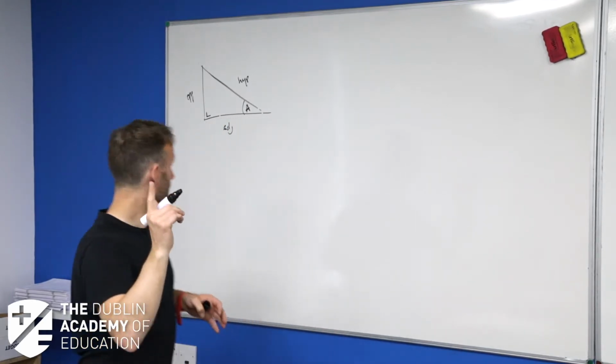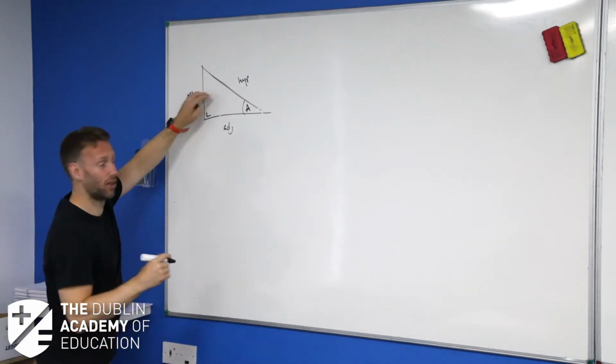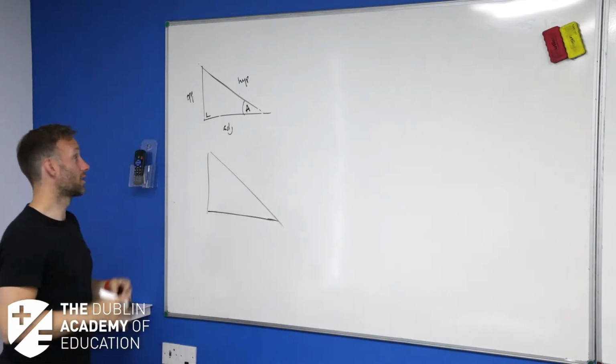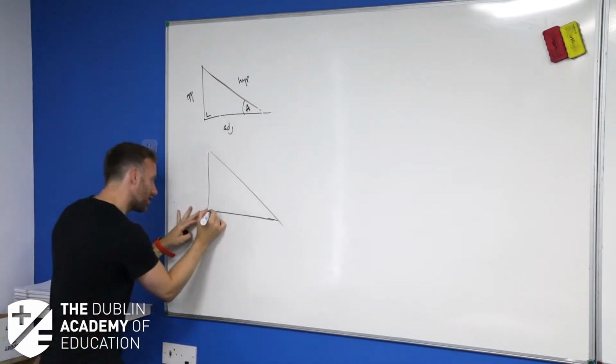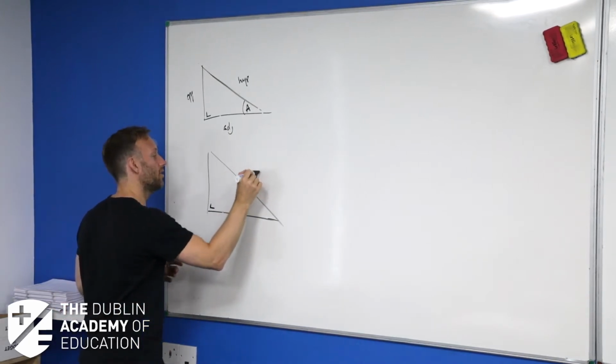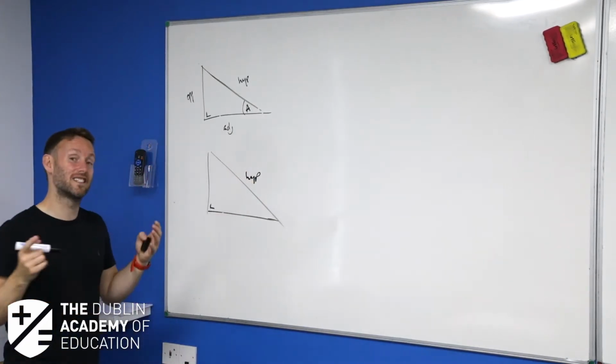Now, if I take an almost identical right-angle triangle, let me draw it like that. There's our right angle. The hypotenuse is the easiest one, so we'll call it the hypotenuse because it's clearly opposite the right angle. It's the longest side.